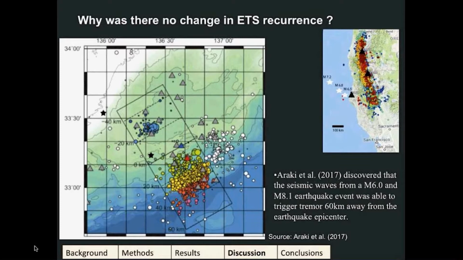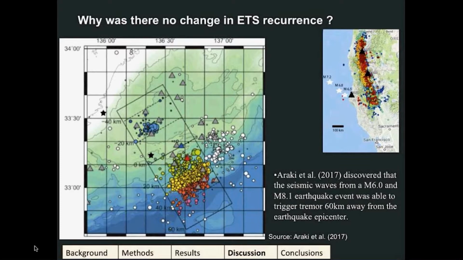I thought it was surprising because in the Iraqi paper, they were able to see an effect from the seismic waves 60 kilometers away from the actual tremor. They also had similar earthquake magnitudes. They had a 6.0 earthquake and an 8.1, which is similar to the 7.2, 6.8, and 6.5 earthquakes we saw in the Gorda Plate region.